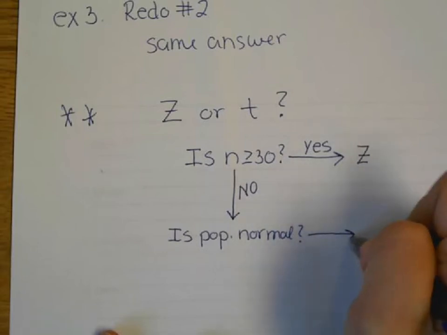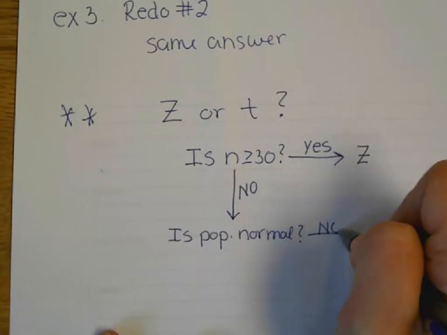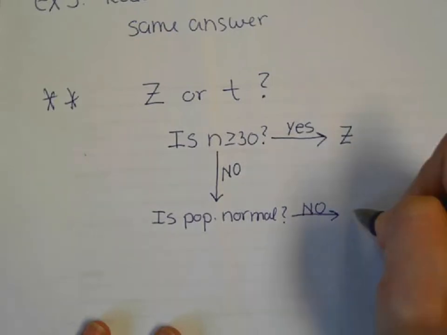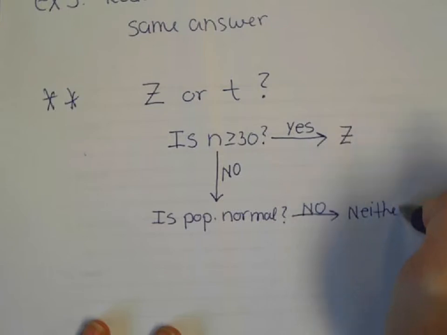If you answer no, then what? You can't do it. You can't do either one. So we don't even put Z or T here, neither, can't do it.